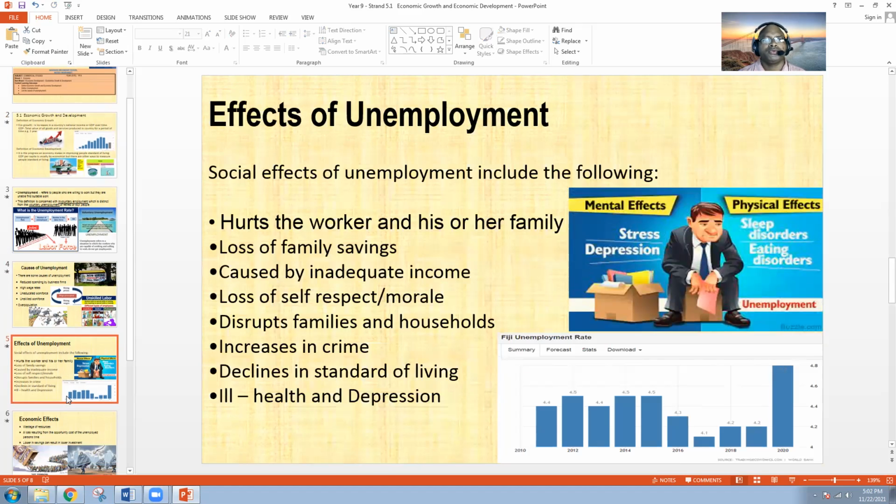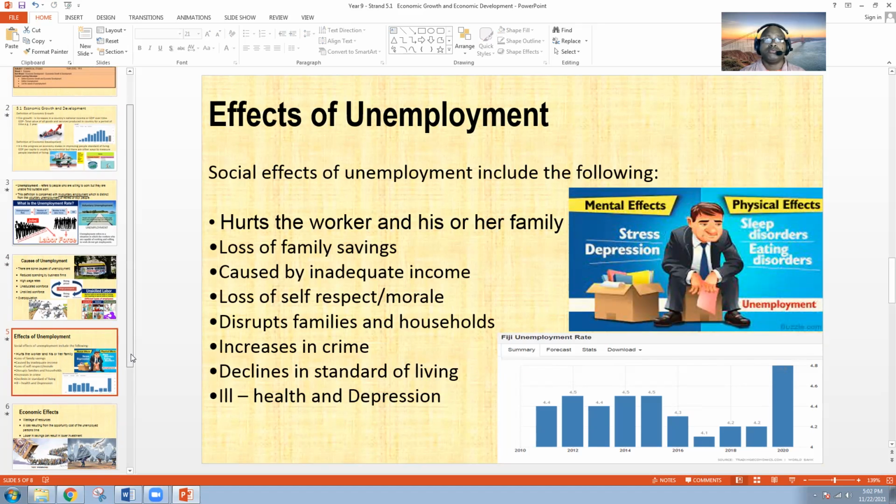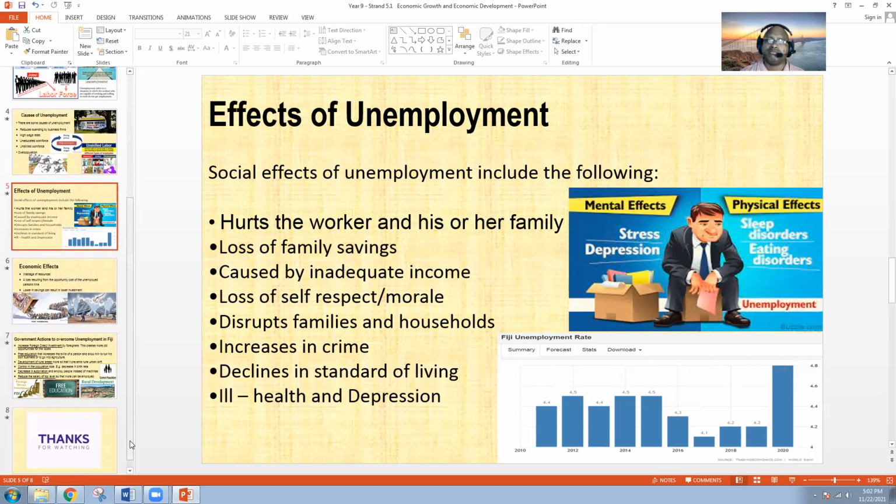Next one is the effect of unemployment. Being unemployed hurts the worker and the family because they will now have to live on their savings. There's inadequate income and loss of self-respect.